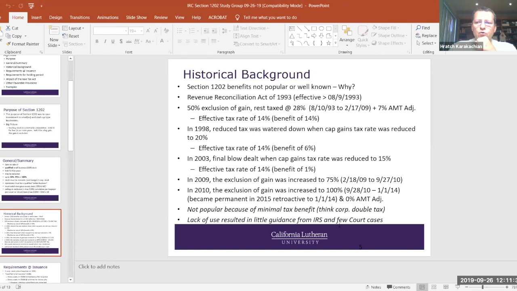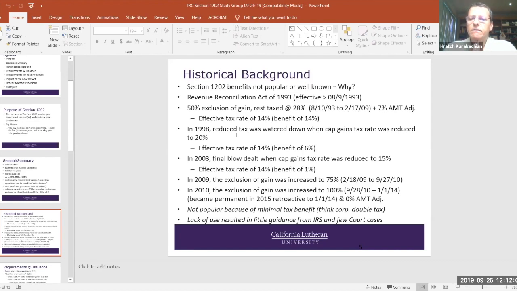So let's look at the historical background and discuss why it wasn't very popular. This came about in 1993, during the Clinton administration. Originally, the exclusion was 50%. So if you had gain, you could only exclude 50% of the gain.